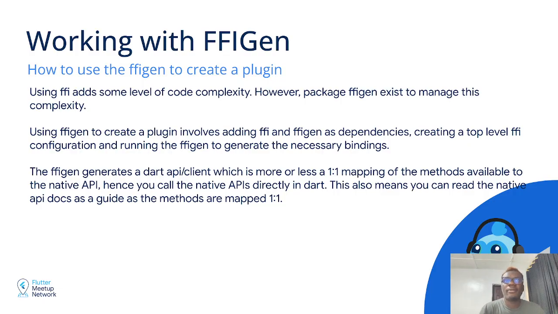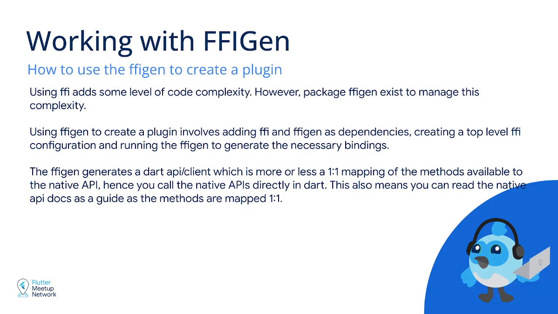Okay. So working with FFIGen, how do we work with it? Basically, I think it's 3 or 4 steps now, if I remember right. But we'll look at those steps one by one. So, using FFI adds some level of code complexity.